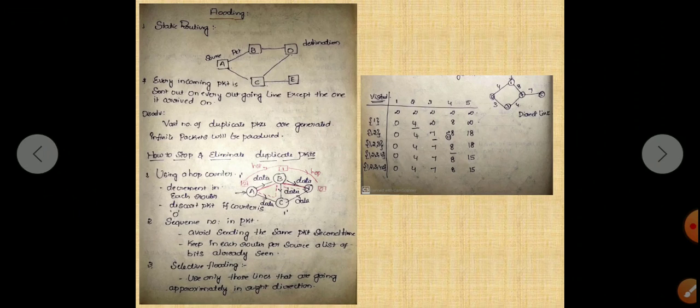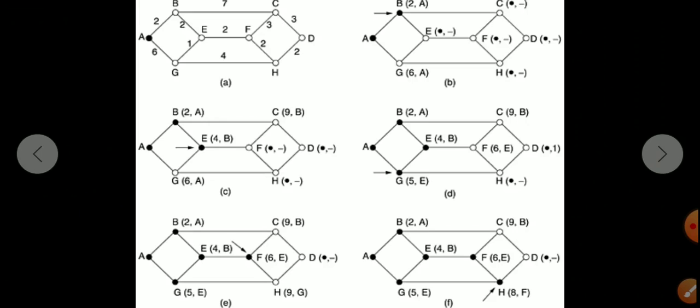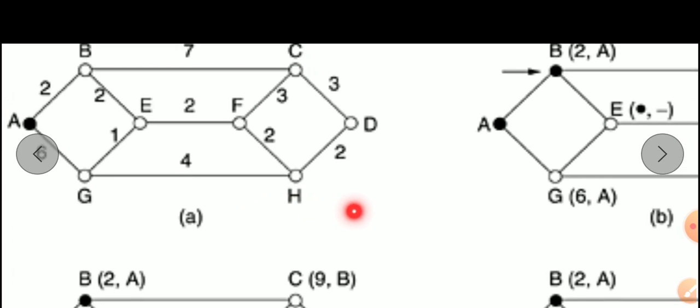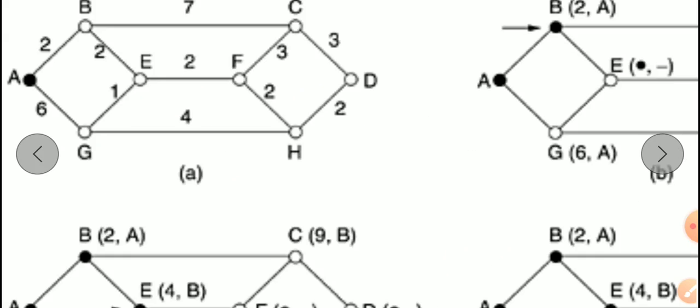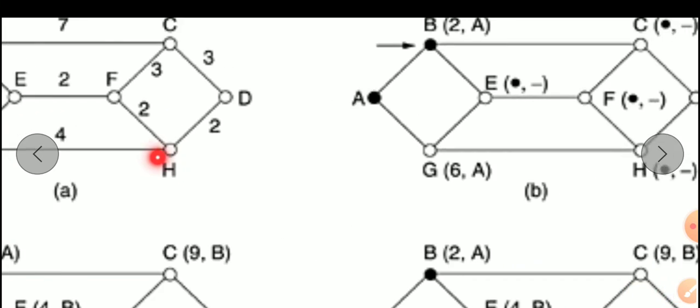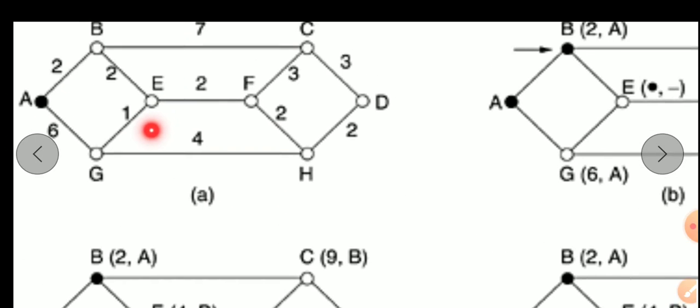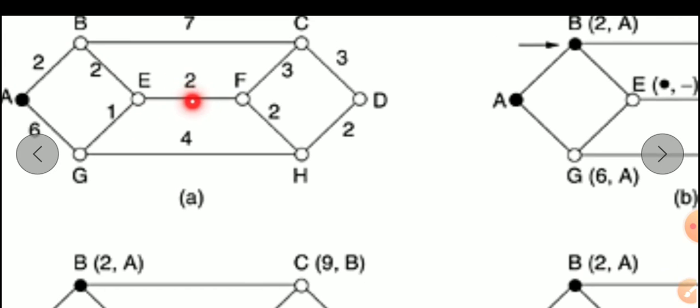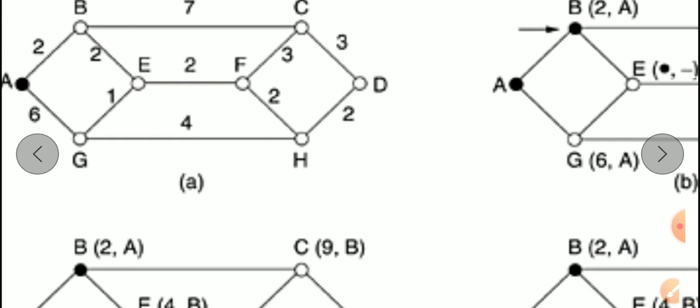In this, the most important topic is finding a shortest path. They will give you a diagram like this, and with the help of this diagram, you need to find the A to B distance which is the shortest.